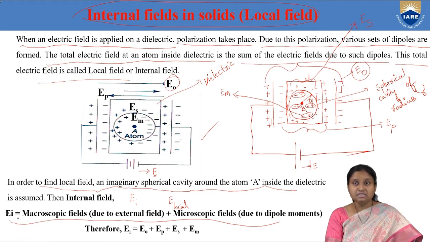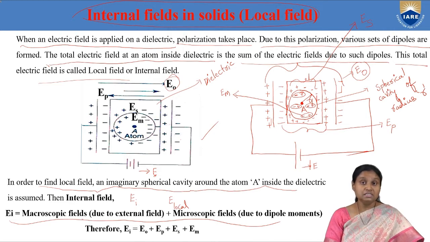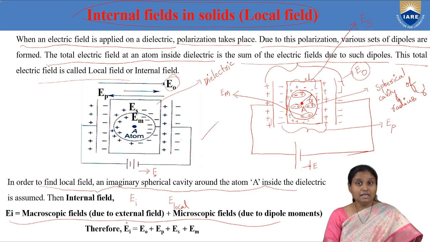And if we take this EI, as you can see here, I have written it as a combination of macroscopic fields. So what do you mean by macroscopic fields? Here, these fields are because of separation of charges on application of external electric field, plus microscopic fields. So what are these microscopic fields?